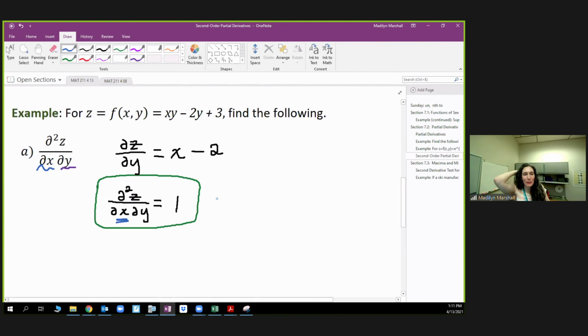And it is a little bit different in multiple variables because in this case, we're doing the derivative with respect to y first. So that would be the rate of change of the function with respect to y. Whereas if we do the partial derivative again, now that's the rate of change with respect to y with respect to x.